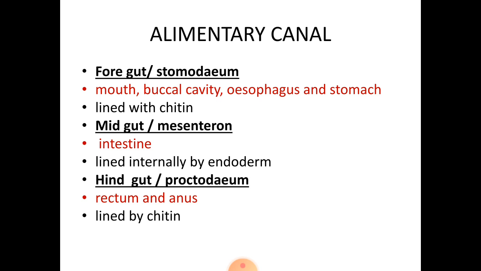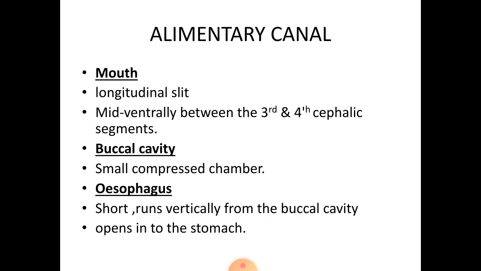The midgut consists of the intestine, which is lined by endoderm, and the hindgut consists of the rectum and anus, which is also lined by chitin. The mouth is a longitudinal slit mid-ventrally situated between the third and fourth cephalic segments, and the buccal cavity is a small compressed chamber.